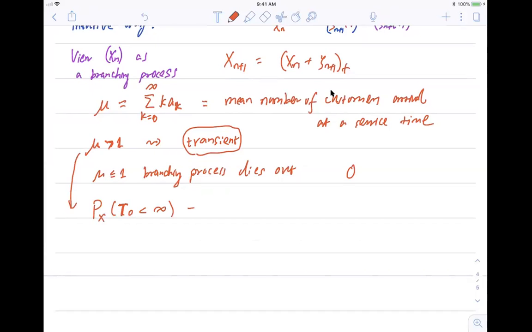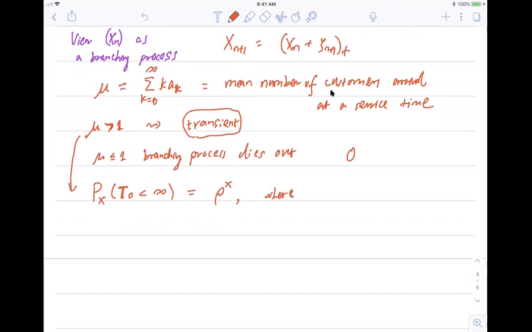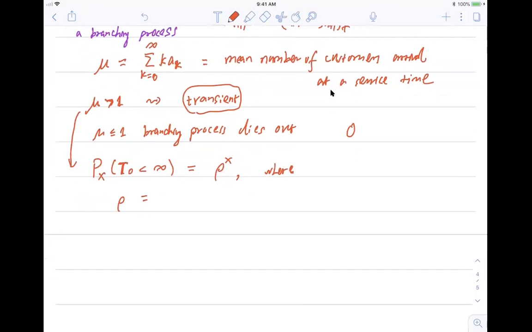This is just rho to the x. Why is it rho to the x? Just by independence. Where rho actually equals the probability that it dies out, the probability of Zn equal to zero.